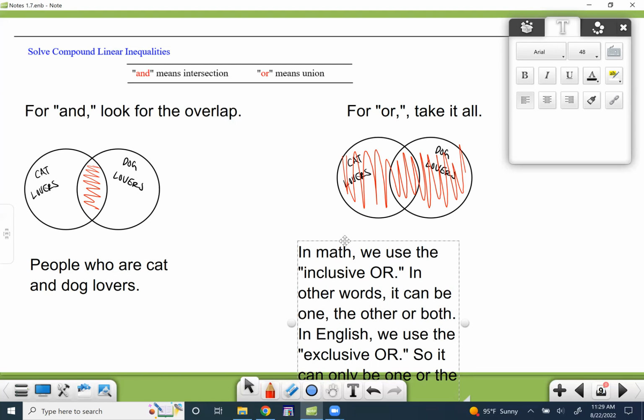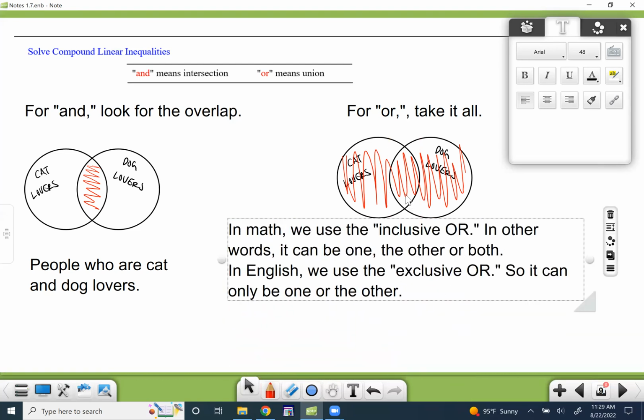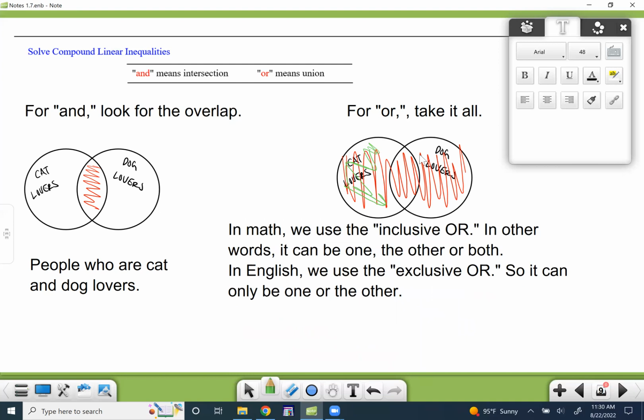If it was English class, this Venn diagram would have been different. I would have been shading people who like cats or dogs, and I would have only shaded in here, in this area. Sorry, let me get my pen out. In here or in here, because it's an exclusive "or," saying it's one or the other. Either you like cats or you like dogs, right? Okay. But since we're in math class, we're going to allow "or" people who like both. Okay, so I just want to make sure that that's really clear. So that's why we say when we see an "or," take it all.